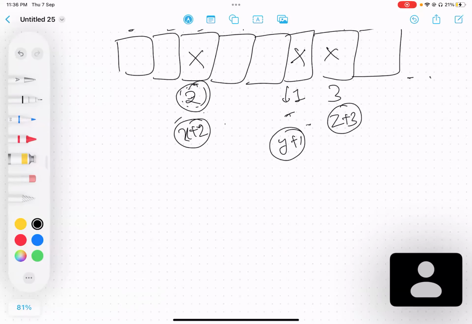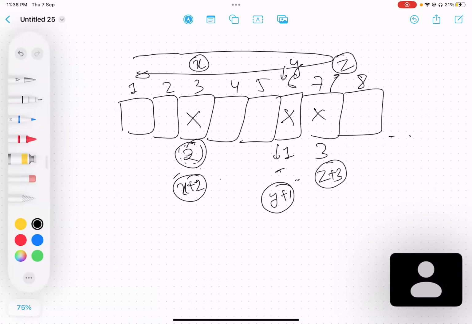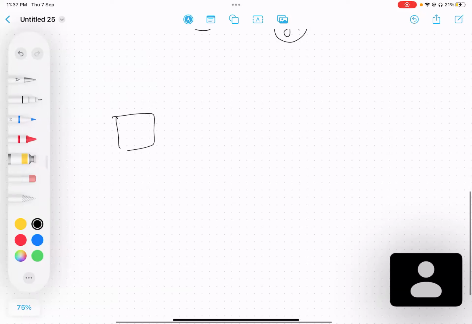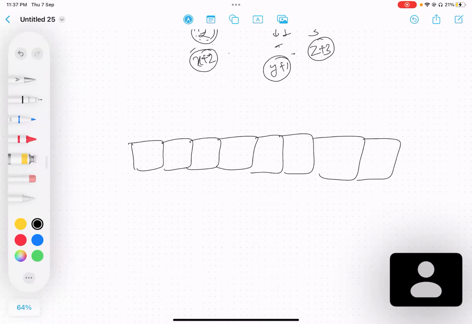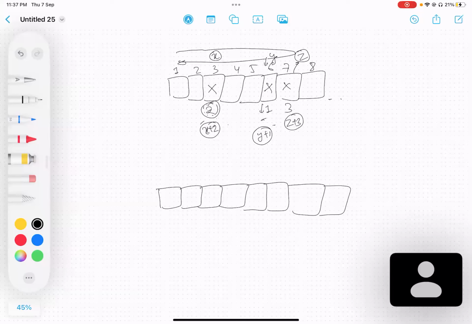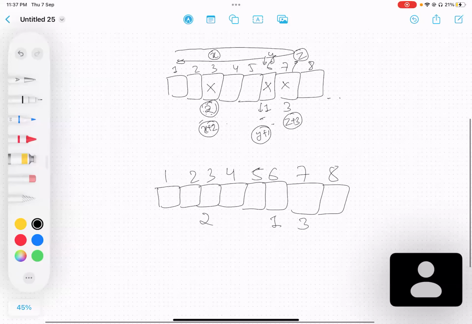So basically, if we look at this example once more, now let's say you decided, let's take those values back. This was 2, this was 1, 2, 3, 4, 5, 6, 7, 8. Right, now this is 2, this is 1, and this is 3.